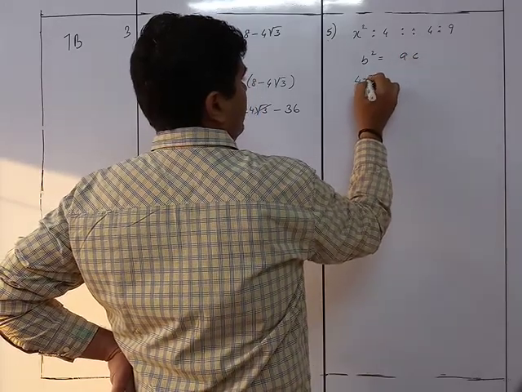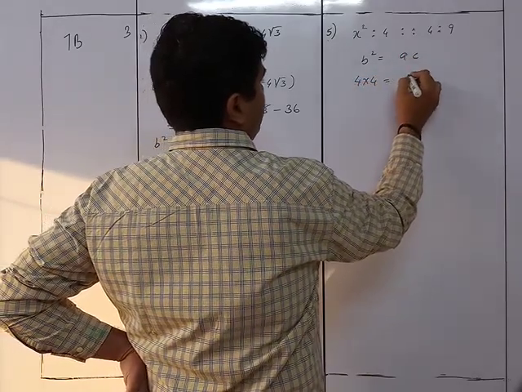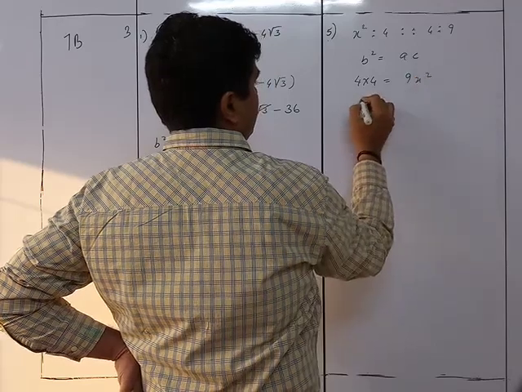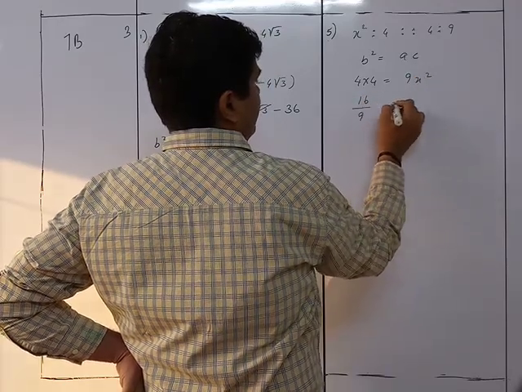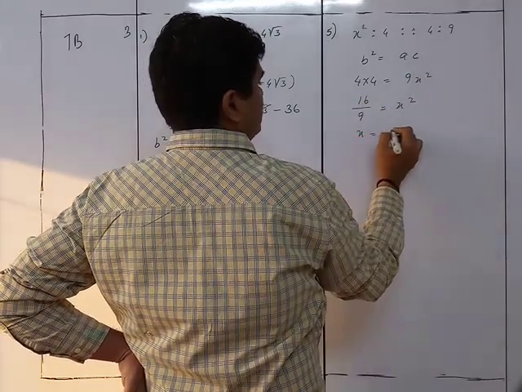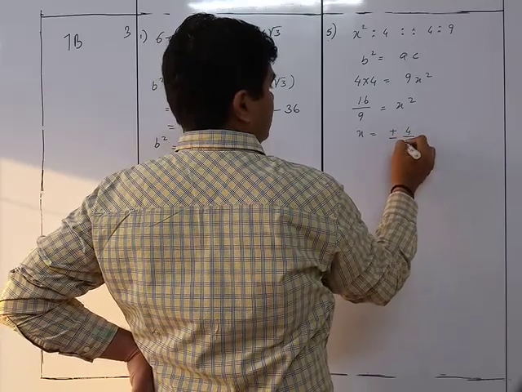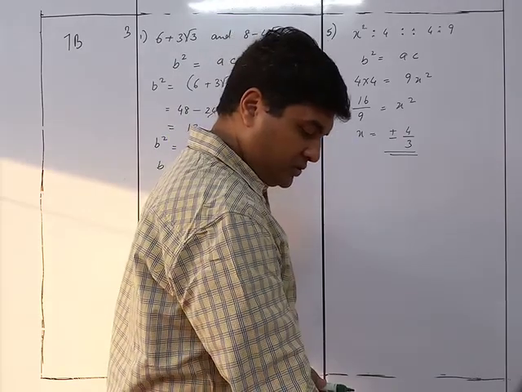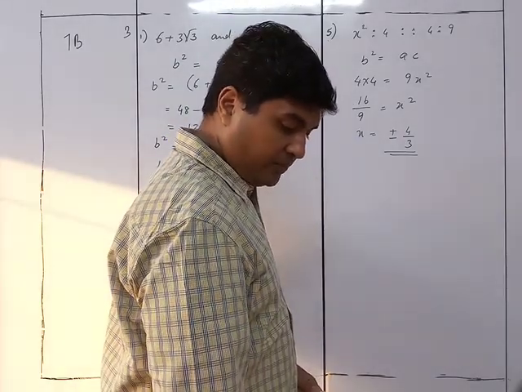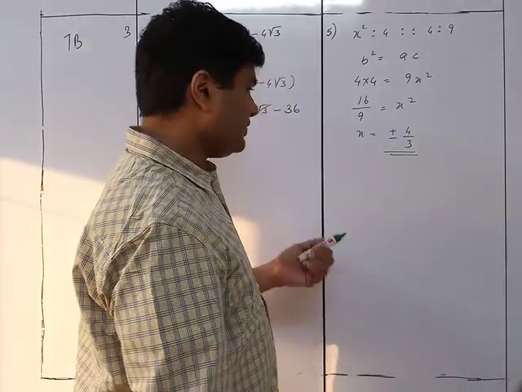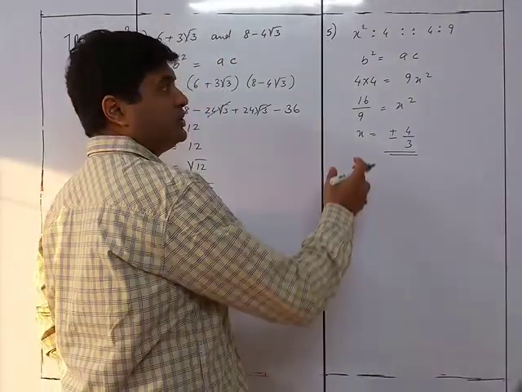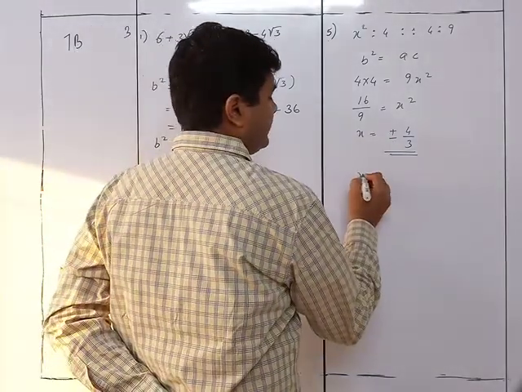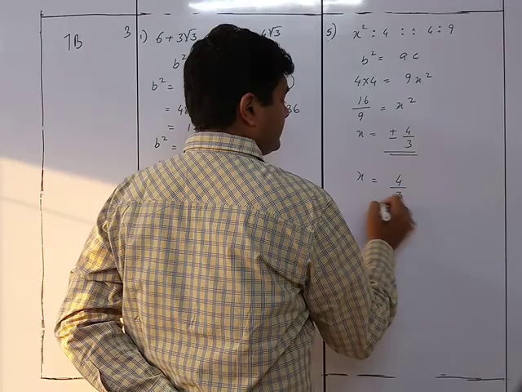So 4 into 4 is equal to 9x square. 16 upon 9 is equal to x square. X is equal to plus or minus 4 upon 3. That will be the fifth answer. You need not take negative because proportion cannot be negative. Therefore, x is equal to 4 upon 3.